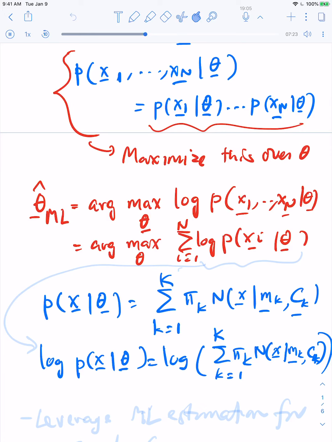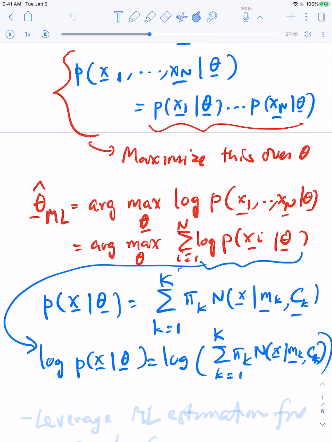So what we are saying is that a generic term like this in the summation looks like this, and it's not nice. It's actually unclear how I would optimize the sum of terms like these over all these parameters pi k, m k, and C k.